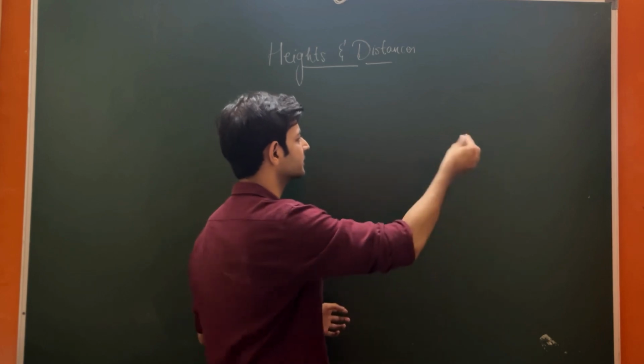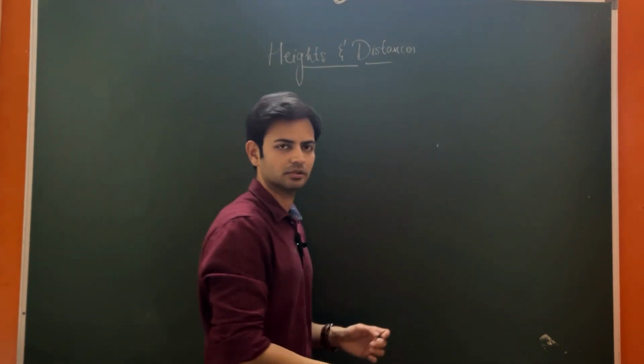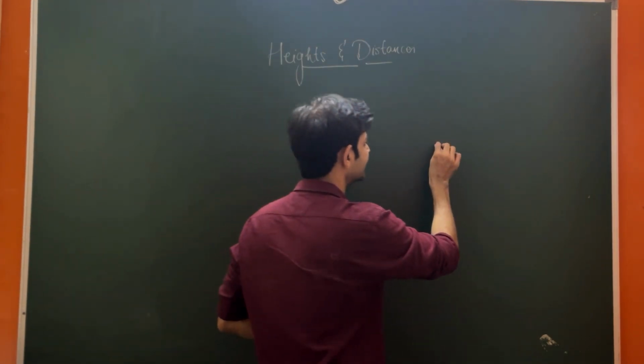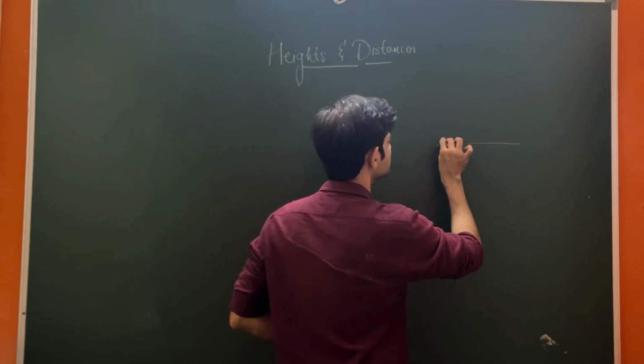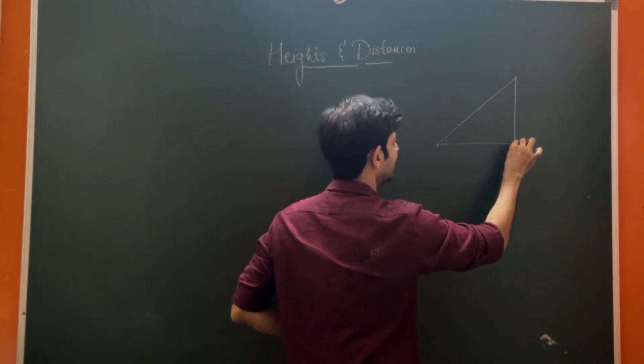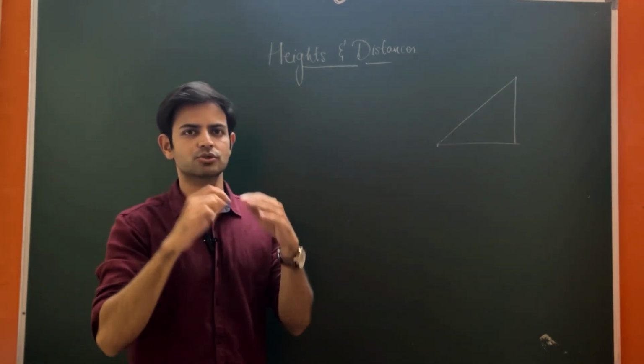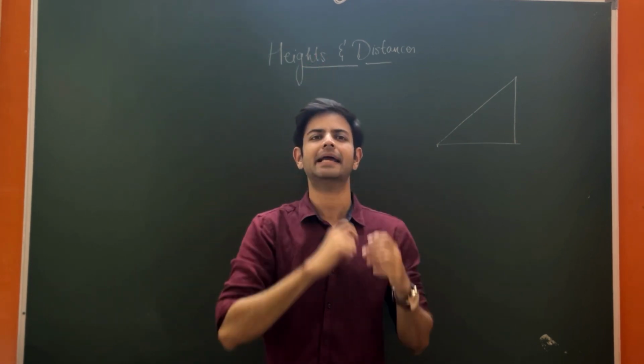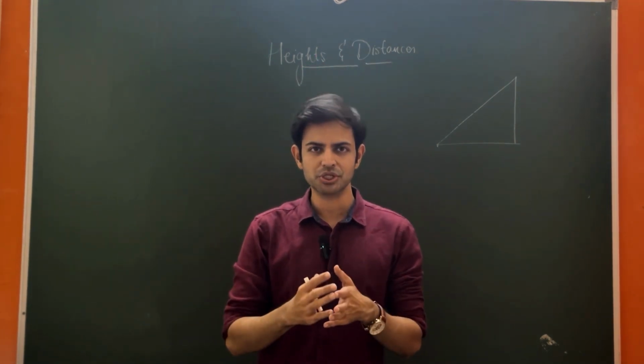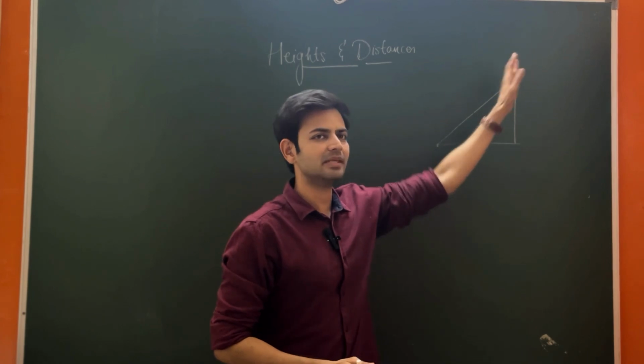So, for example, if a person is standing here and is watching something at a height above his eye level, so if I am watching something above my eye level, I have to look up and watch it. So it is doing the same thing here.